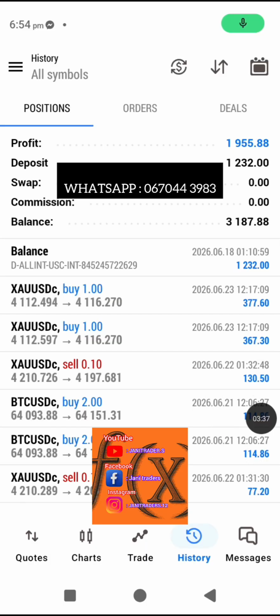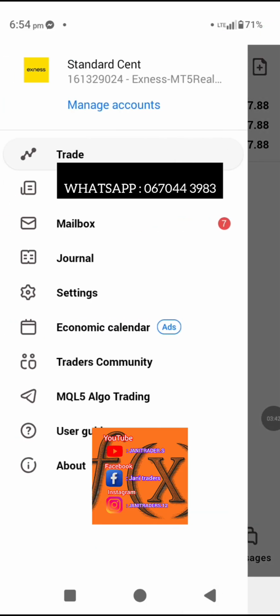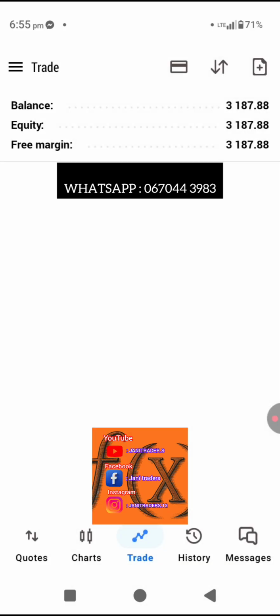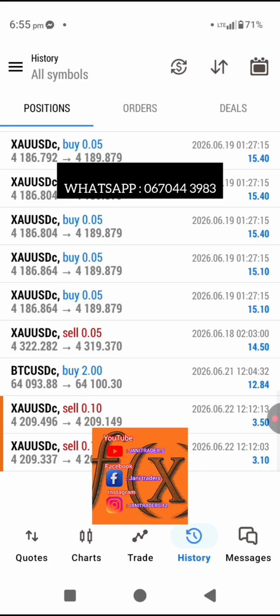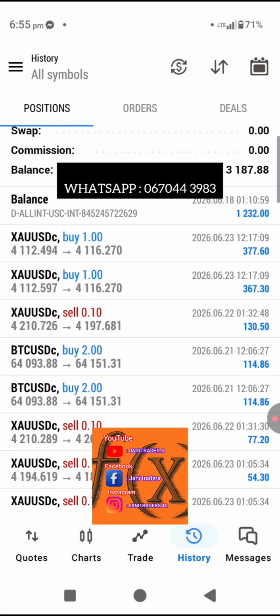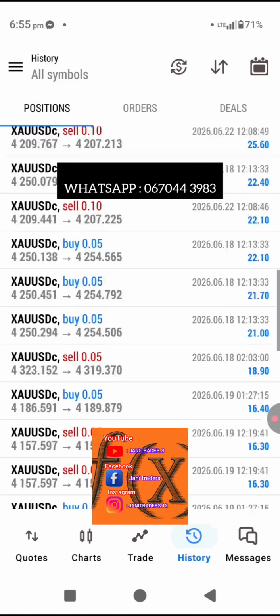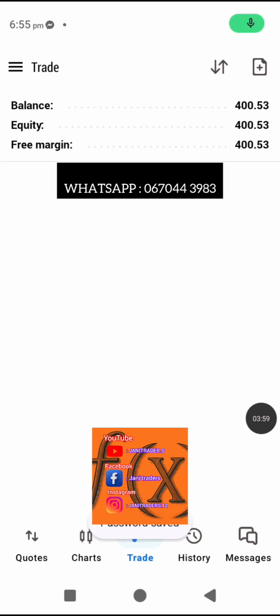So let's go to another one. This is a small account. As you can see, 3,000, a real account, guys. No loss since we started, and you can see close to 2,000 profit over there.